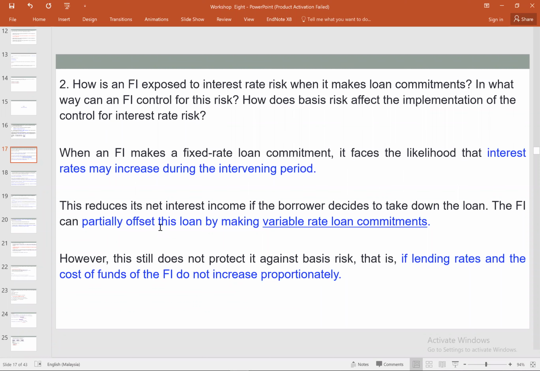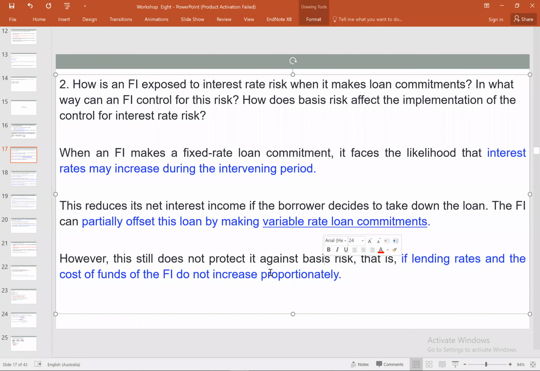So when the interest rate goes up in the future, he will stick to the old contract of the loan commitment and take it with the old rate.